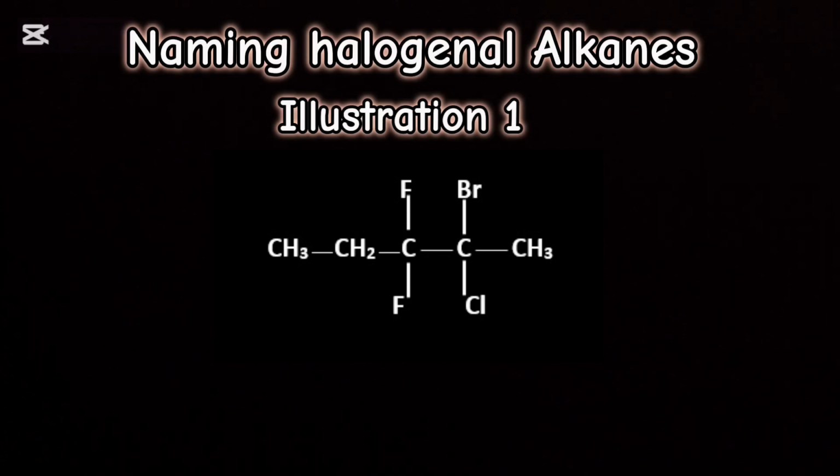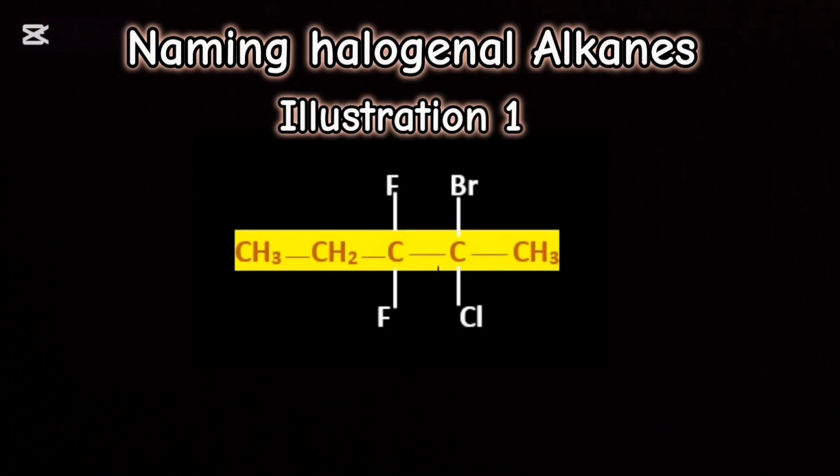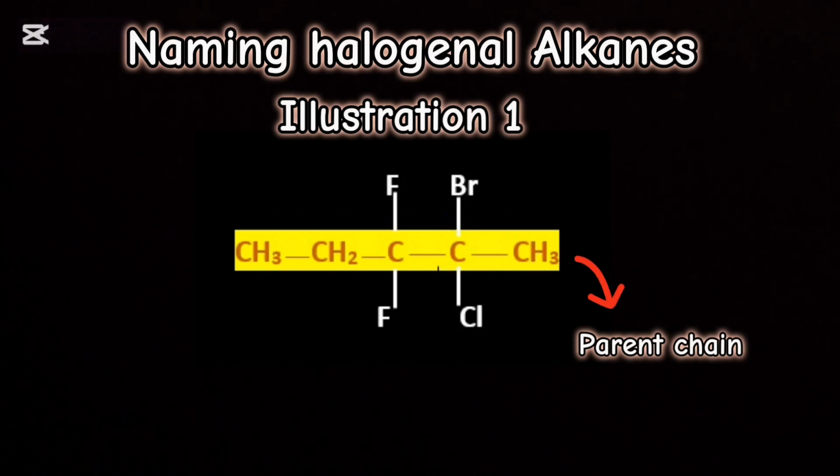Now, going back to the displayed compound, the yellow highlighted carbon chain is the parent chain as displayed. Guideline number 2 mandates that we assign numbers to the parent chain such that the group 7A elements will be attached to carbon atoms with the lowest numbers.